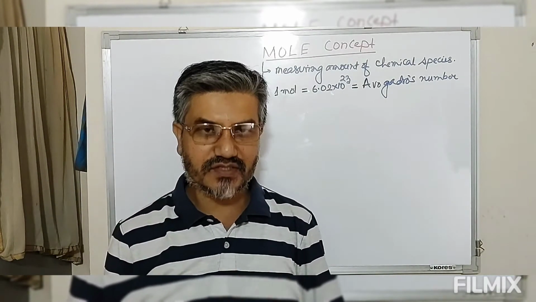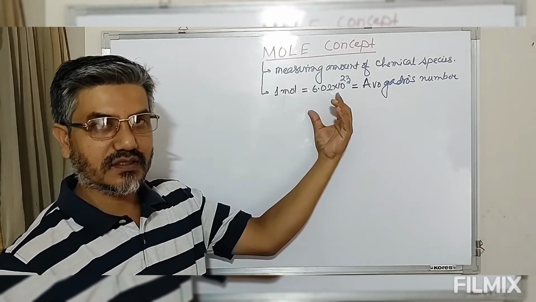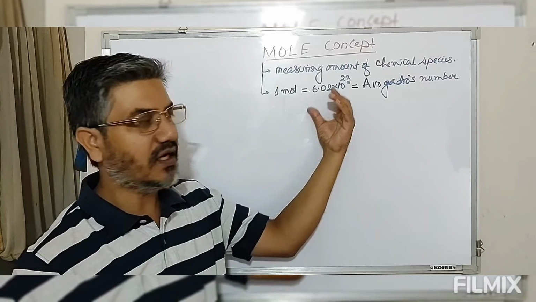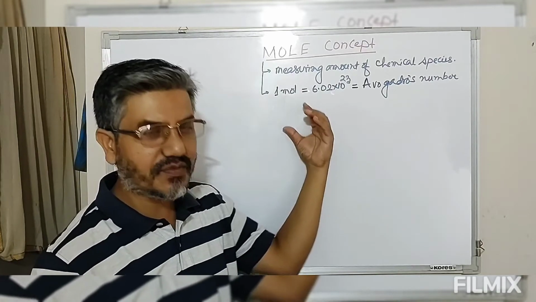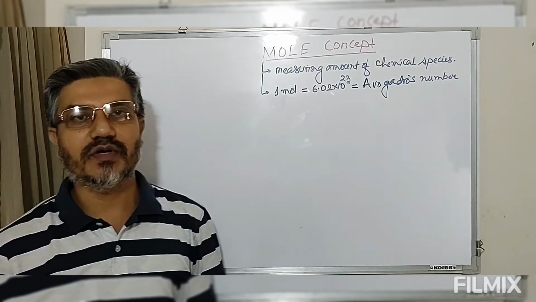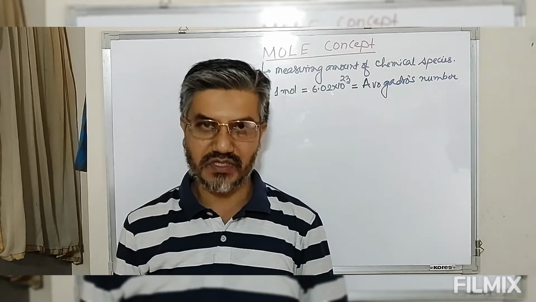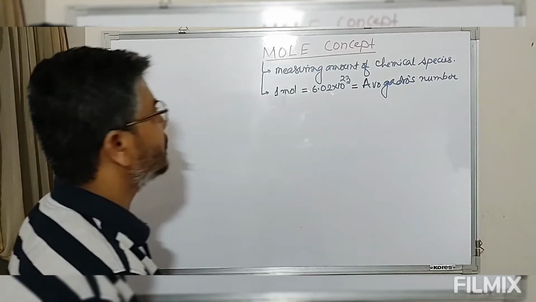So from this we define mole as the amount of substance that contains the same number of entities as were present in 12 gram of carbon 12 isotope as measured by a mass spectrometer. So this is the definition of mole.